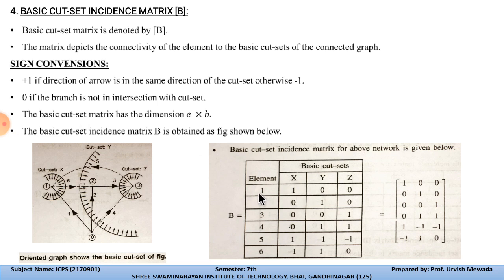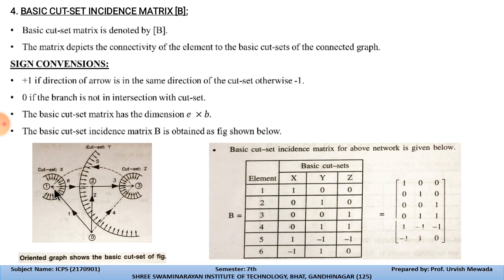Element number 1 and cut set x are in the same direction, so it is taken as 1. Now element number 1 with y: there is no connection between 1 and y, so this is taken as 0. Same for z, it is taken as 0. Now let's take another element, number 2.